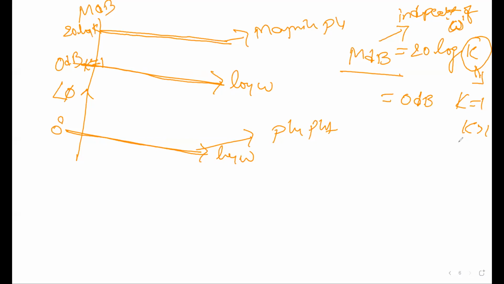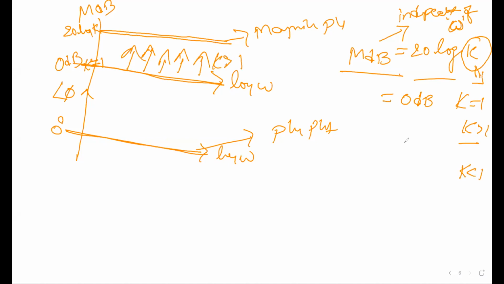If k is greater than 1, what is the value we are getting, positive or negative? K is positive. So this region above the horizontal axis is the k greater than 1 region.